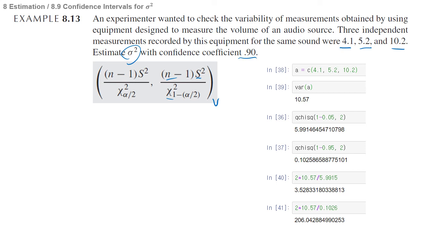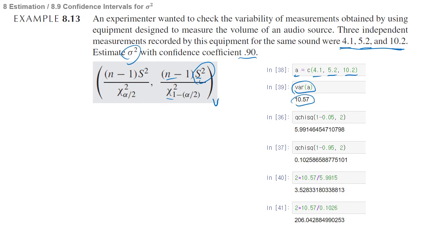So we set our data as A equals 4.1, 5.2, and 10.2, and we can calculate the variance term, S squared, with the variance of A, which is 10.57.